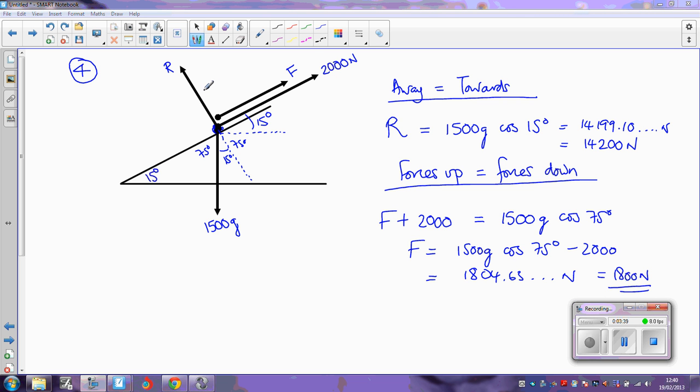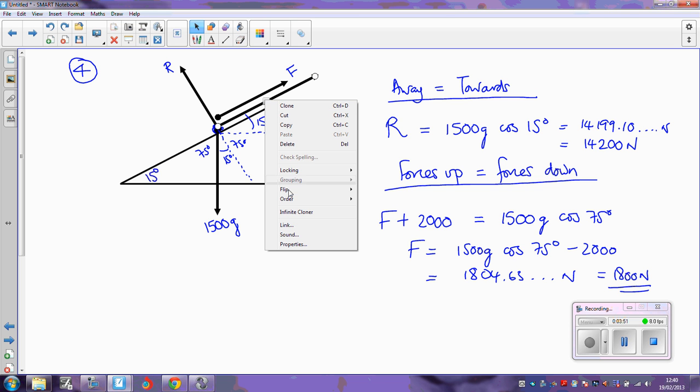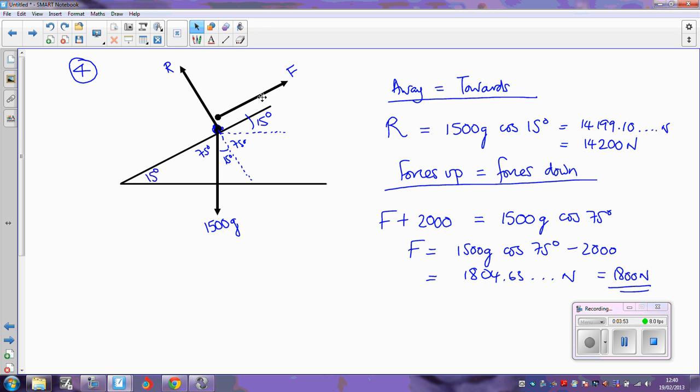The question now says that that rope is cut. In other words, this 2000 newton force is actually just going to disappear, so that's not going to be there anymore. So I'm just going to get rid of this arrow completely. Let's just delete that. So we've now got the situation where the only forces acting are, let's just move friction into a better place, the frictional force must be there, the normal reaction is still there, and the weight is still there.